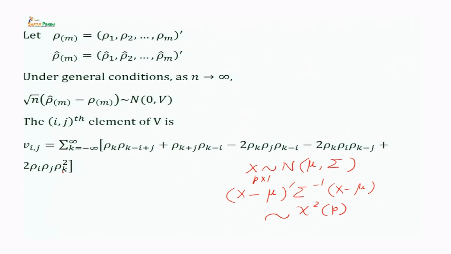And for i not equal to j, even this term is equal to 0 for all values of k when i is not equal to j. Because if you take k equal to 0, then here you get rho 0, but here you get rho k minus i plus j, and since i is not equal to j, this term is equal to 0.